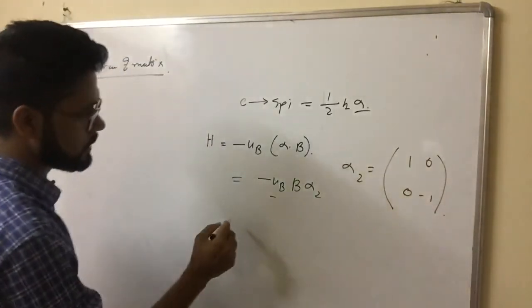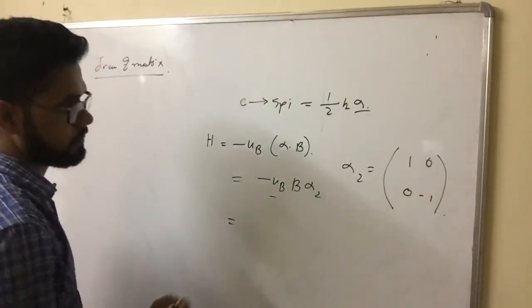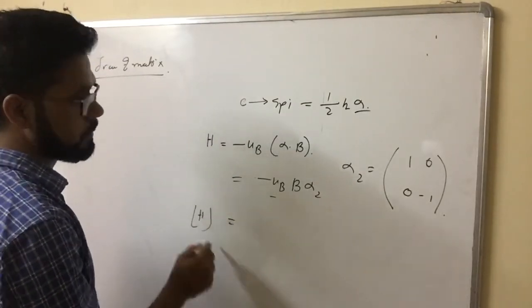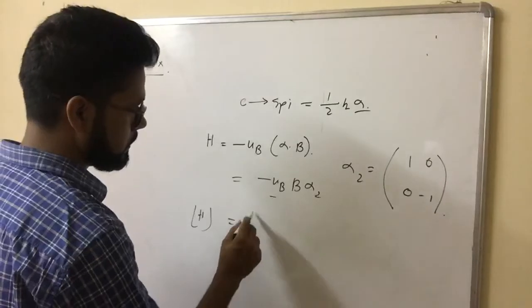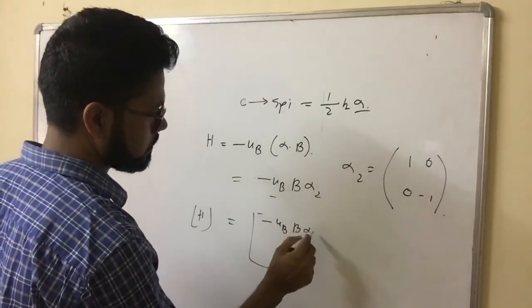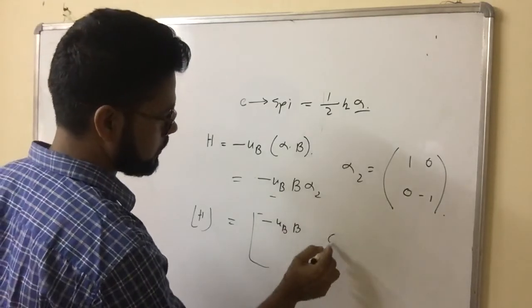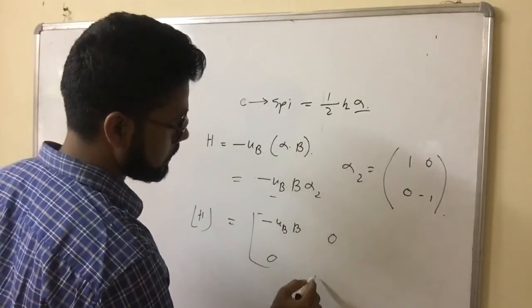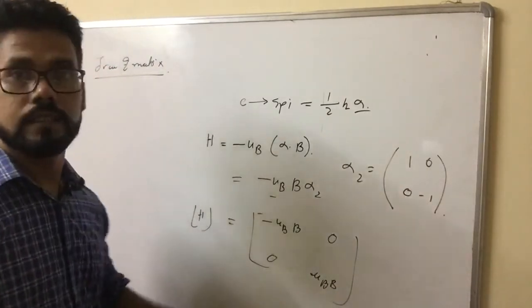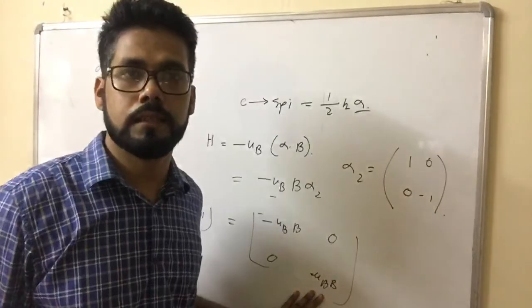Then if you put this value, what will you get? The Hamiltonian in matrix form: minus mu B, 0, 0, mu B. This is the representation of the Hamiltonian in a magnetic field, in matrix form.